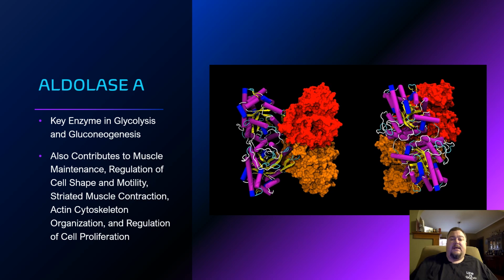Aldolase A is highly expressed in multiple cancers, including lung squamous cell carcinoma, renal cancer, and hepatocellular carcinoma. It is proposed that aldolase A overexpression enhances glycolysis in these tumor cells, promoting their growth.